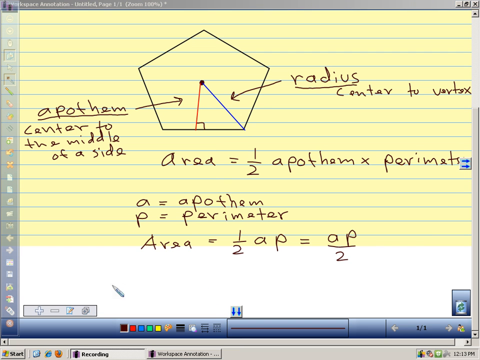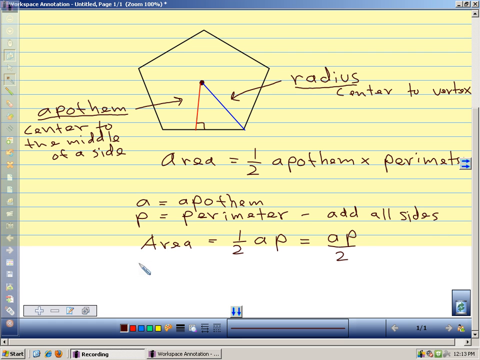And for any polygon, how do we find the perimeter? What do we do to find the perimeter? We add up all the sides. So we don't use a special formula to find our perimeter, we just add up all the sides.